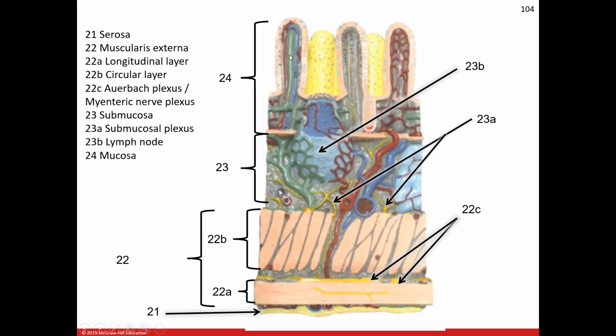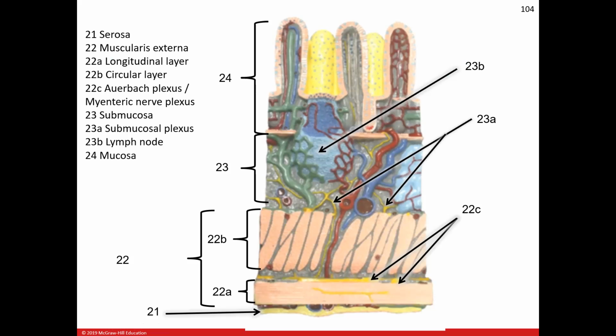A couple of things that we haven't really talked about too much are some of the nerve structures here. The one I want to draw your attention to is called the Auerbach's plexus, way down here. You have another nervous system subdivision that we haven't talked about, and that's called the enteric nervous system.